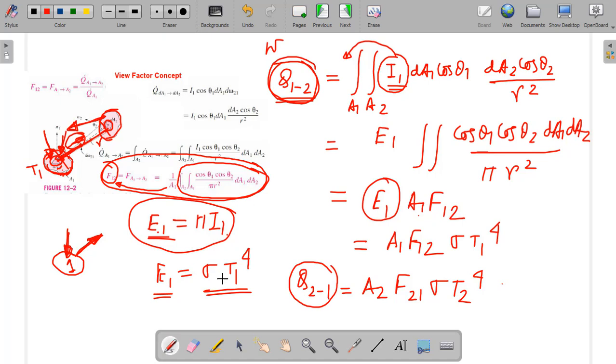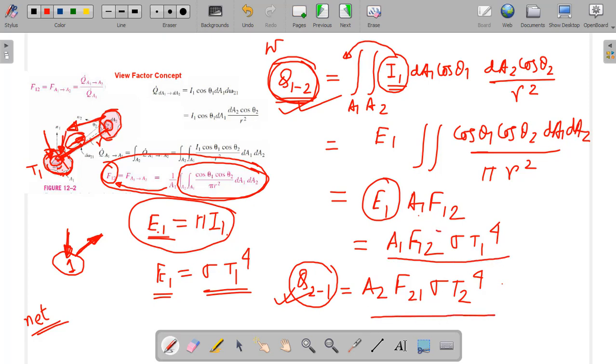So the net radiation exchange, the net radiation that is coming out of surface 1, will be basically this quantity minus this quantity.